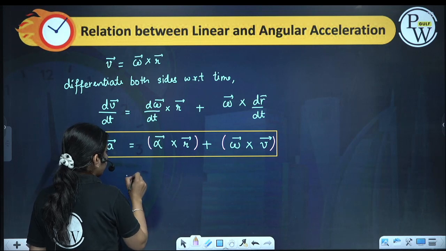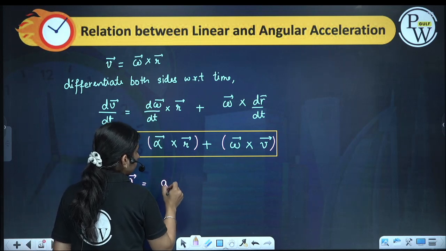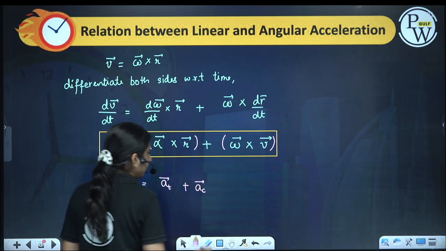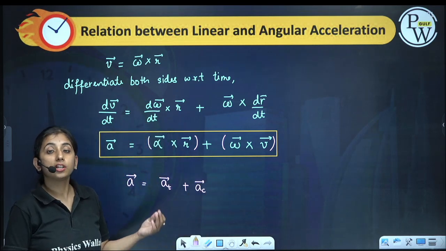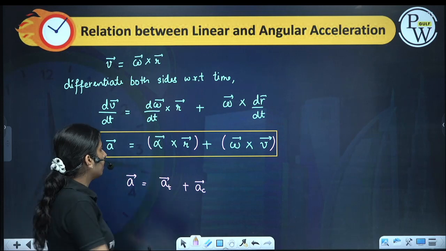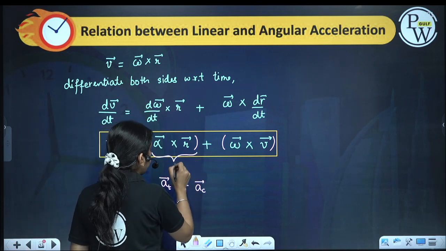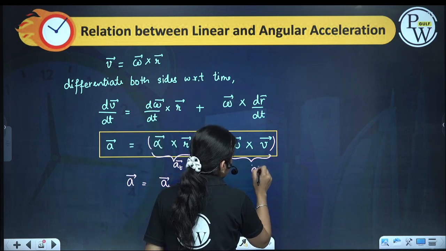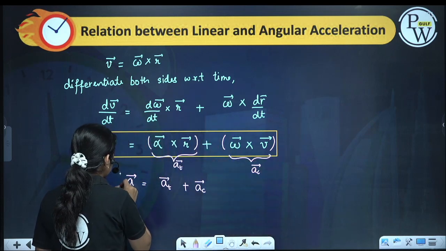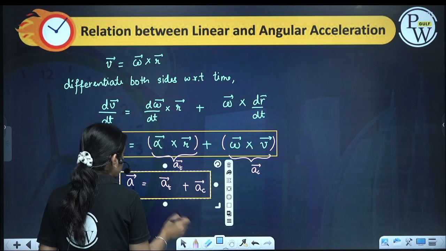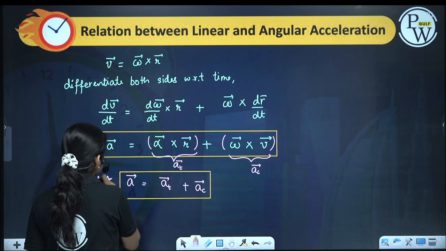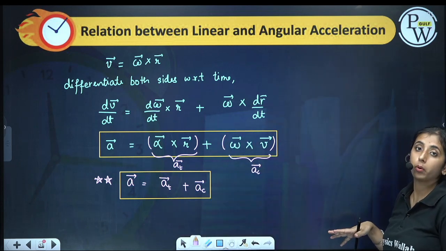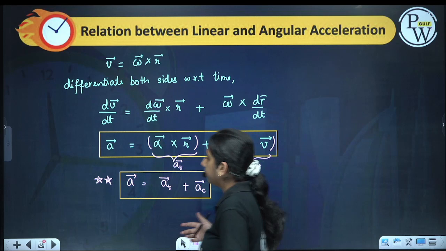That's why we named one as the tangential vector and the other as the centripetal vector. Why tangential and why centripetal, we will know. So this is called AT and this is called AC. So total acceleration is a sum of two accelerations, AT and AC.